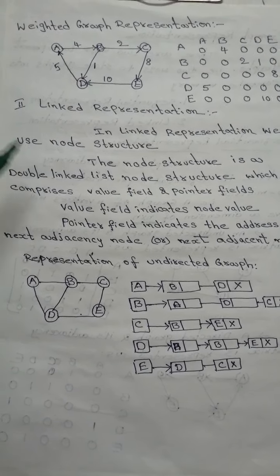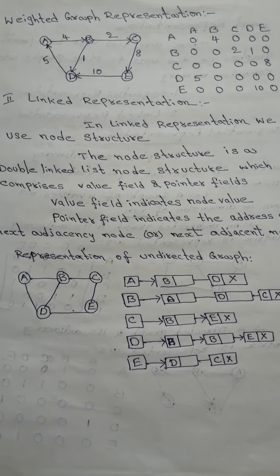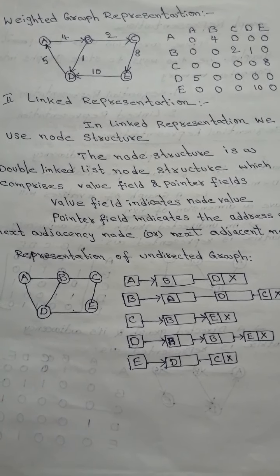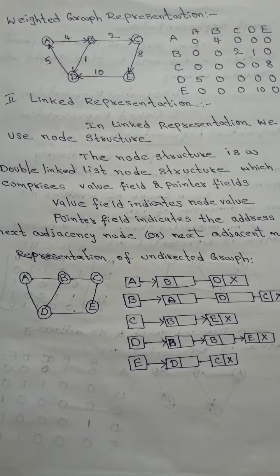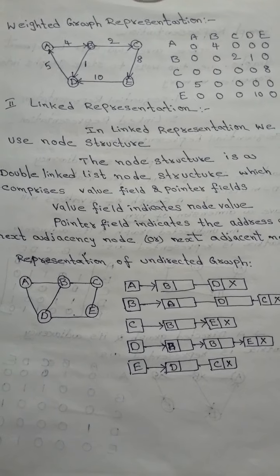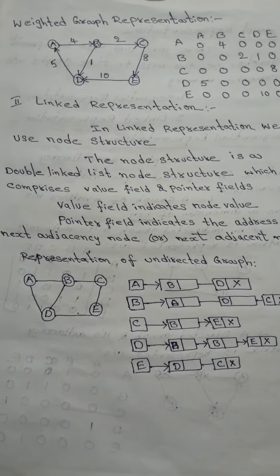Now coming to linked representation. Linked representation is nothing but representing by using a linked list, which means representing using a node structure. Now what kind of node structure do we need to use here?